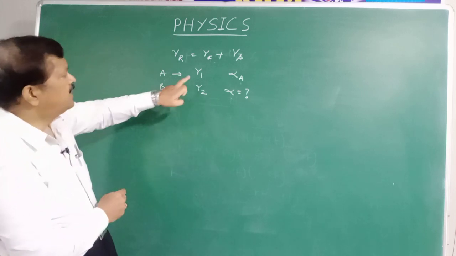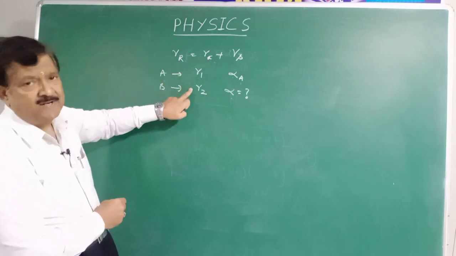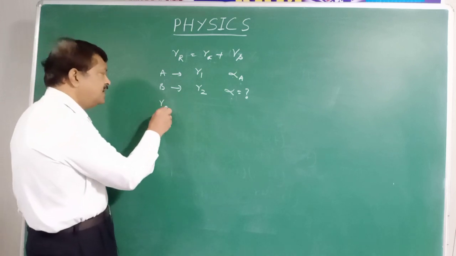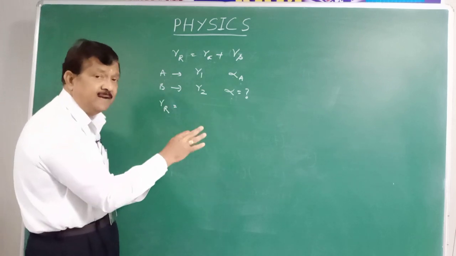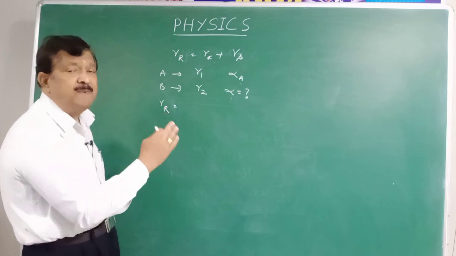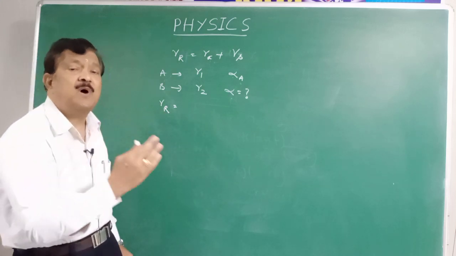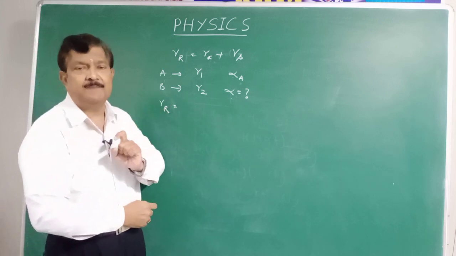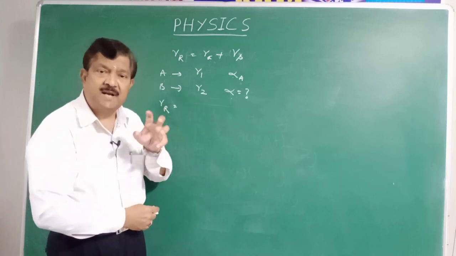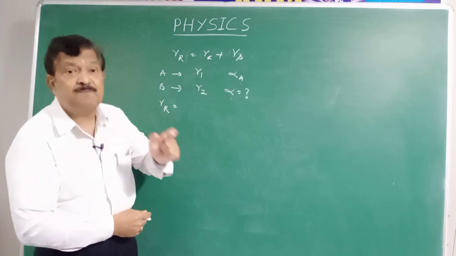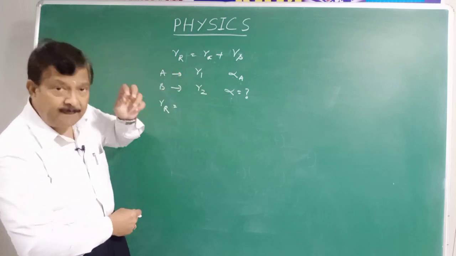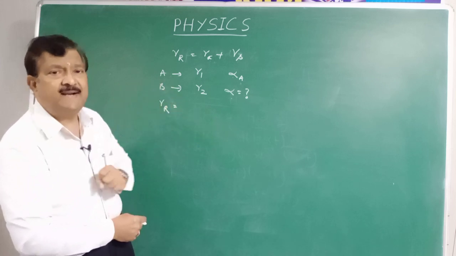Now we are talking about the coefficient of apparent expansion. We know that the coefficient of real expansion is the same in any container, because it represents the absolute property of the liquid. Whatever the container, gamma A may change. The coefficient of apparent expansion represents the relative expansion of the liquid with respect to the container, so it depends upon the expansion of the container.